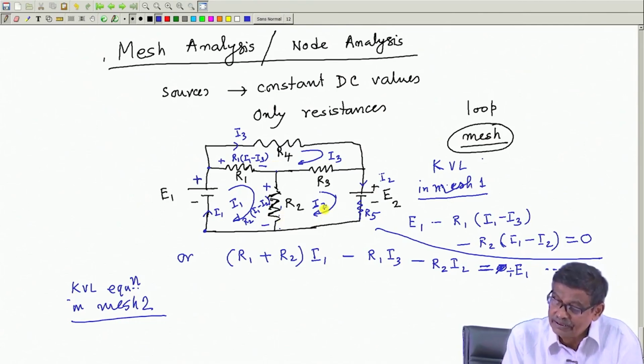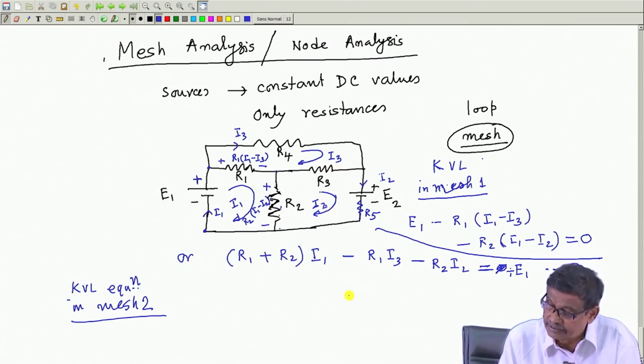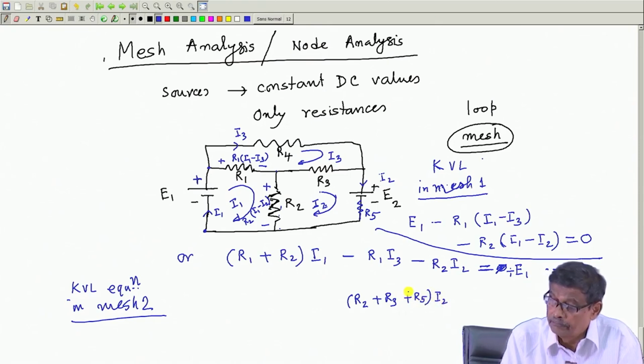I will say, look here, the coefficient of I 2 will be the sum of all the resistances, R 2 plus R 3 plus R 5, into I 2. In this mesh, these are the resistances present, that is why I 2.